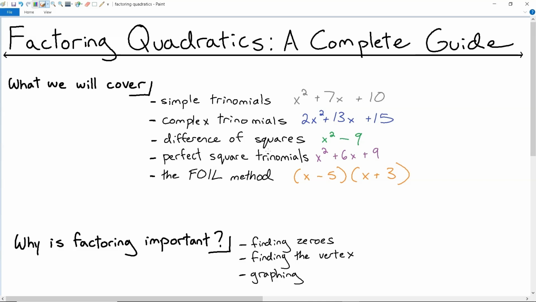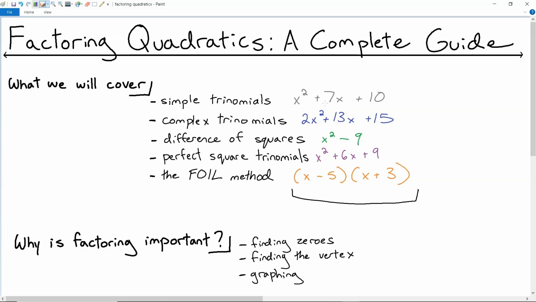So the key thing we're going to get with a factored quadratic is we're going to find its zeros. So let's imagine this is a quadratic in factored form, because that's usually what it's going to look like. We're going to have two bracketed terms. And if I set these bracketed terms to 0, and then I solve for an x value, that's actually going to be the zeros, or the x-intercepts of that quadratic.